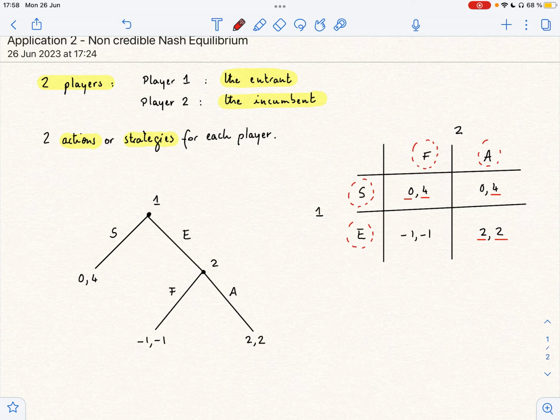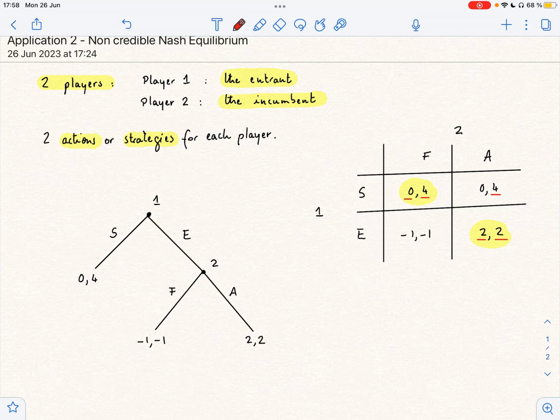So here in this case, we have what we call 2 Nash equilibria in pure strategies, okay? So here we've only considered pure strategies, and the Nash equilibria correspond to the outcomes where both payoffs are underlined, okay?